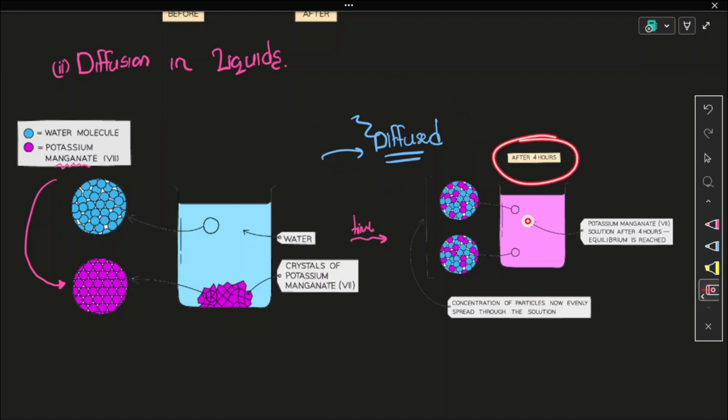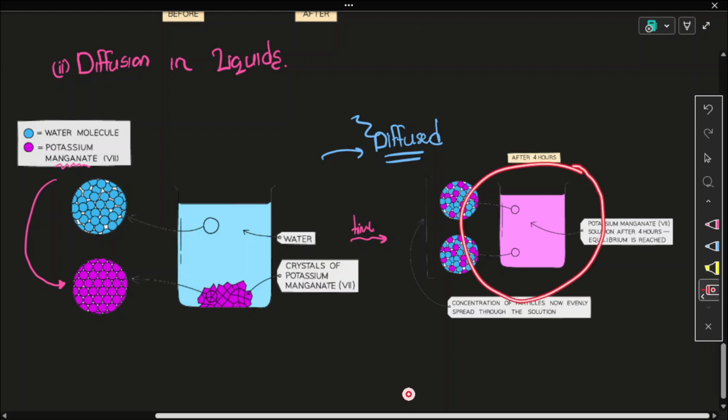So after 4 hours actually, do you see? The concentration of particles are now evenly spread throughout the solution. You don't have to worry about the terminology that much. Simply the particles have spread throughout the solution.